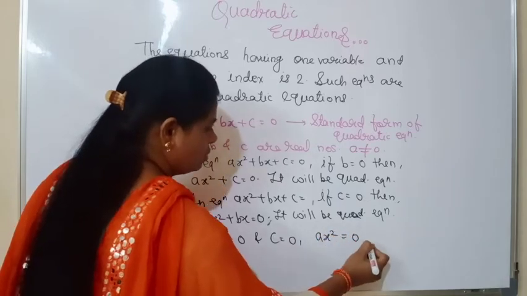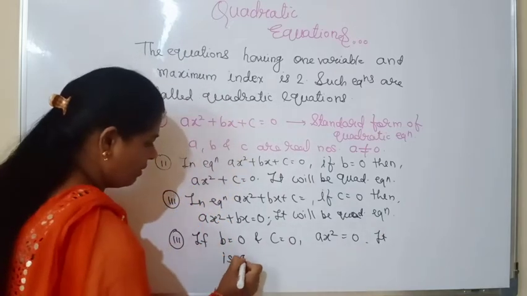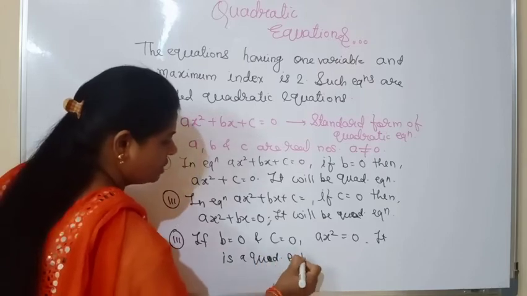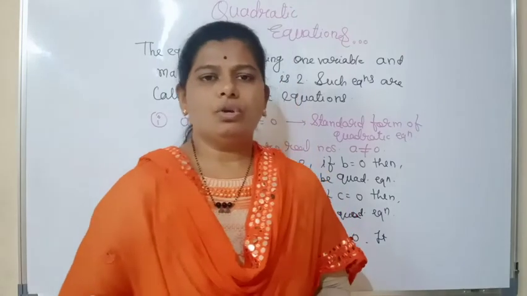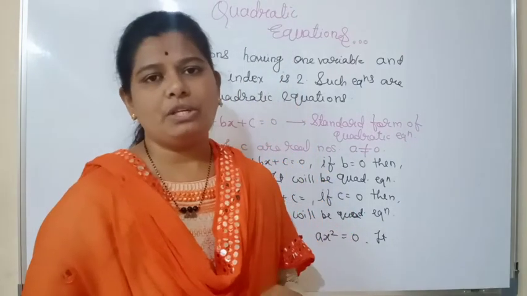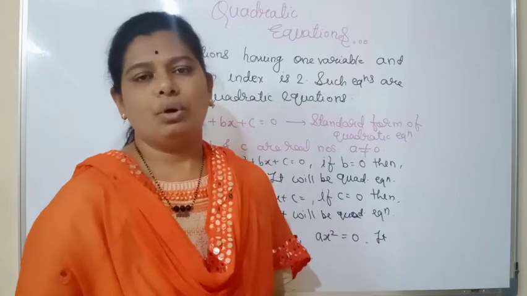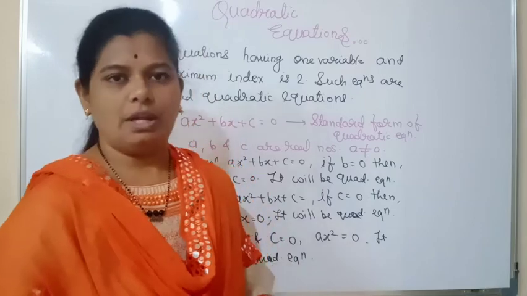Then also we will see that it is a quadratic equation. Even though b and c are 0, it will still be a quadratic equation. So it doesn't matter if either b is 0, either c is 0, or both are 0, no change, it will still be our quadratic equation.